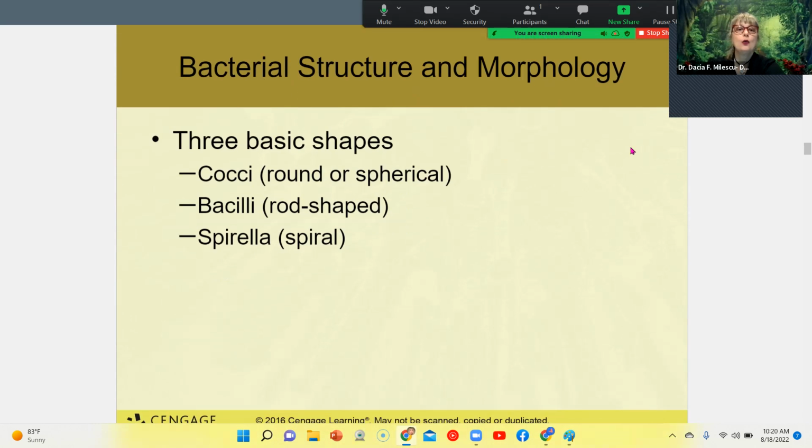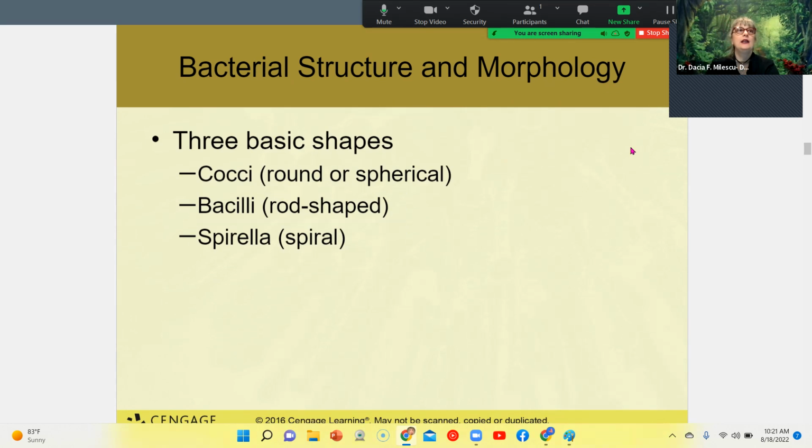Now, let's go over the 3 basic shapes. So make sure you understand the 3 basic shapes of bacteria. It's very simple. There are only 3. It's not complex, so please remember this. So you have cocci. Don't pronounce it cockeye. It's cocci. They're spherical round bacteria.